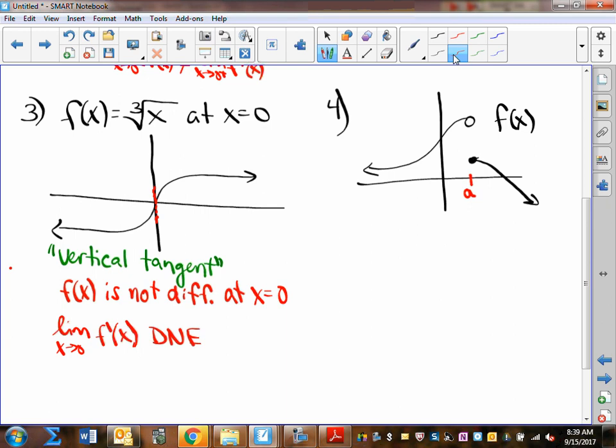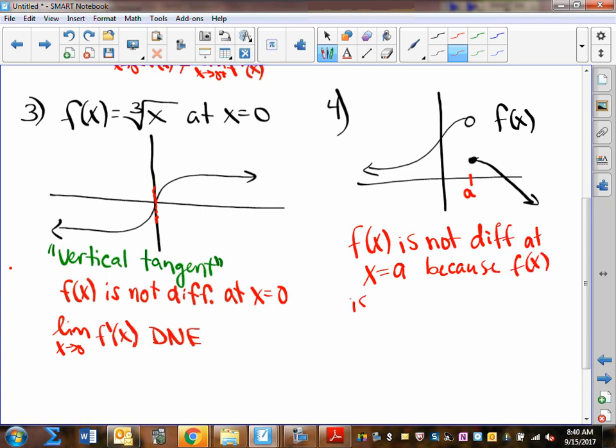This is simply not differentiable, but not because it's some weird case with our slopes, but rather because it's not continuous. f of x is not differentiable at x equal to a because f of x is not continuous at x equal to a. So no continuity, you don't even get to enter the world of differentiability.